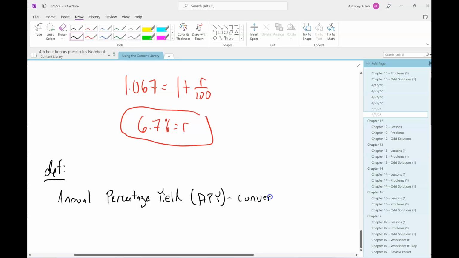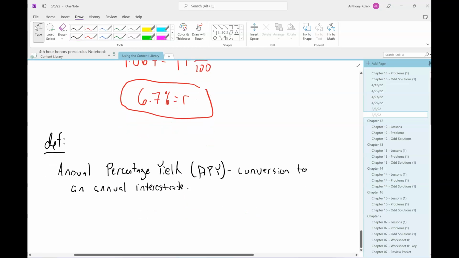This is just the conversion to an annual interest rate. So I take whatever your interest rate compounded however you want, and I convert it to a new interest rate compounded annually.